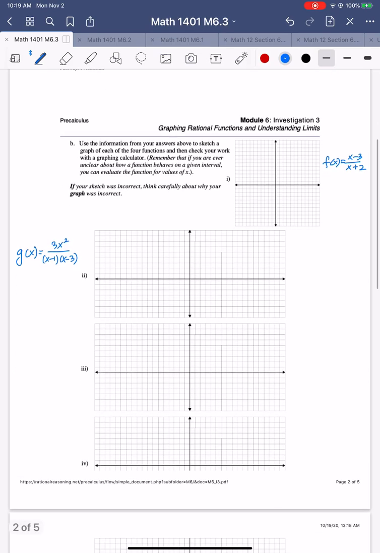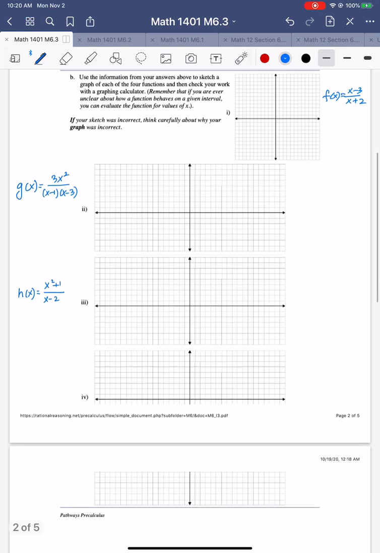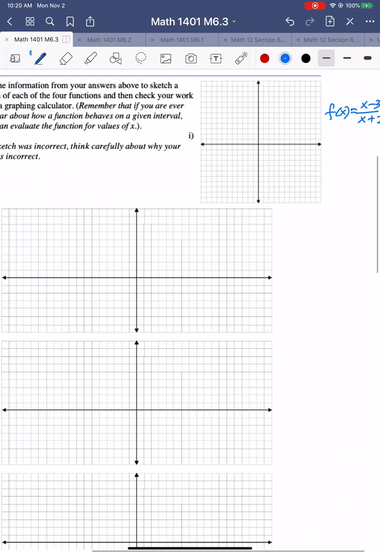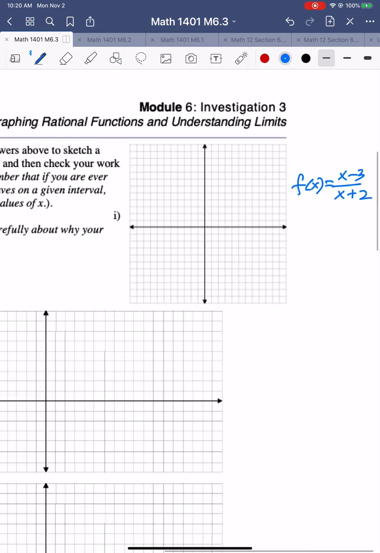For number 3, I use the h function, which is x squared plus 1 over x minus 2. For number 4, I'm using the k function, which is 5x over x squared minus 4.